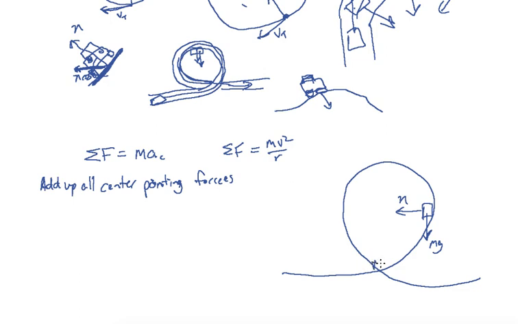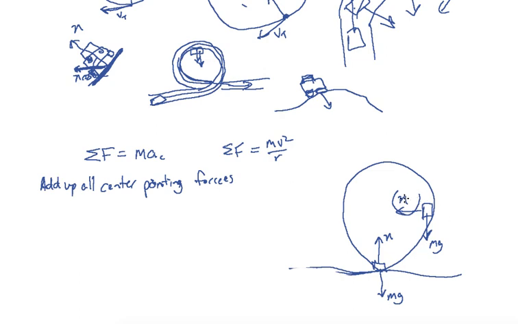And then the same thing at the bottom. Let's pretend you're at the bottom of this loop, and this was straight and flat at the bottom. Right here, just normal force, but here you have normal force pointed up and you have mg pointed down, right? So these would both count. It would just be N minus mg.